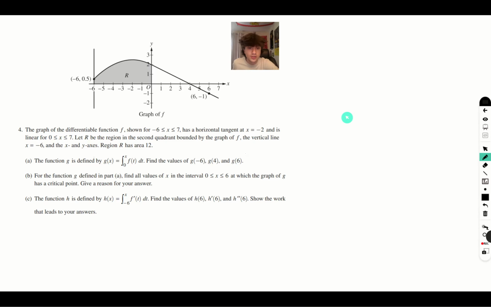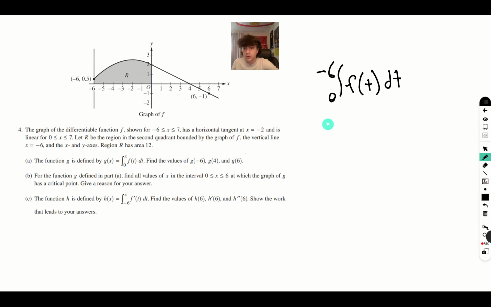Alright, so let's do the first part of A, where it asks us to find g of -6. Where x is -6, we get the integral from 0 to -6 of f of t dt. Now if we take a look at this graph from -6 to 0, we get this area of 12.